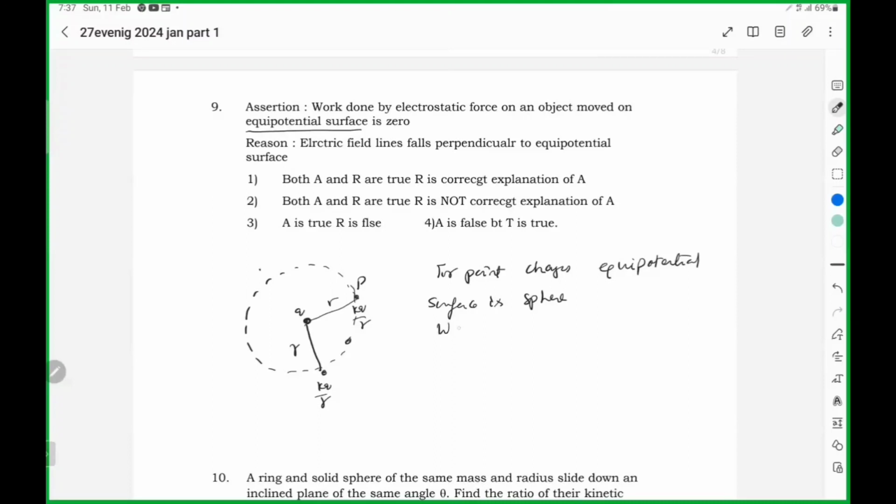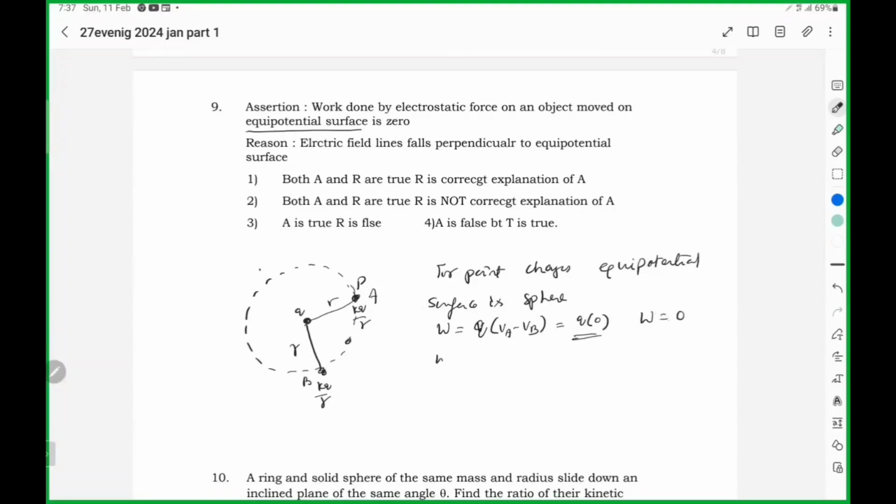Now, work done is nothing but charge Q into potential difference from VA to VB. For example, this is A, this is B. At VA and at VB, the potentials are the same. Difference will be 0.